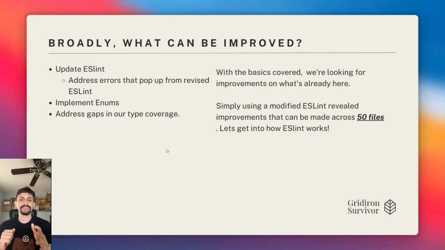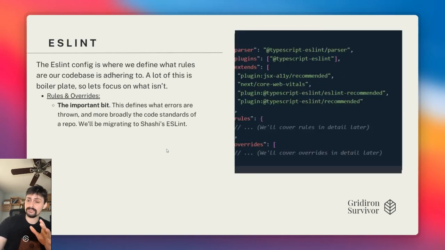Now with ESLint, I recently hot swapped in a file that aligns much closer to what we want to get to at the end. What I found was errors across 50 different files in our repo. So there's a lot of work to be done here. Now to cover ESLint a little bit more, because it's pretty important, if we look at this code example, a lot of this code is boilerplate.